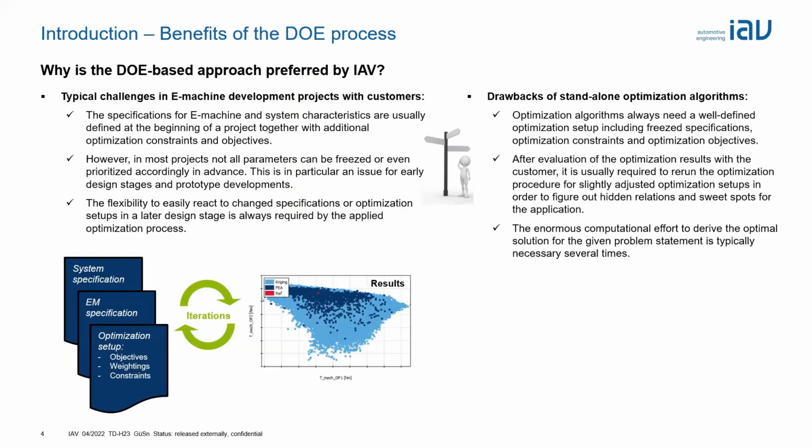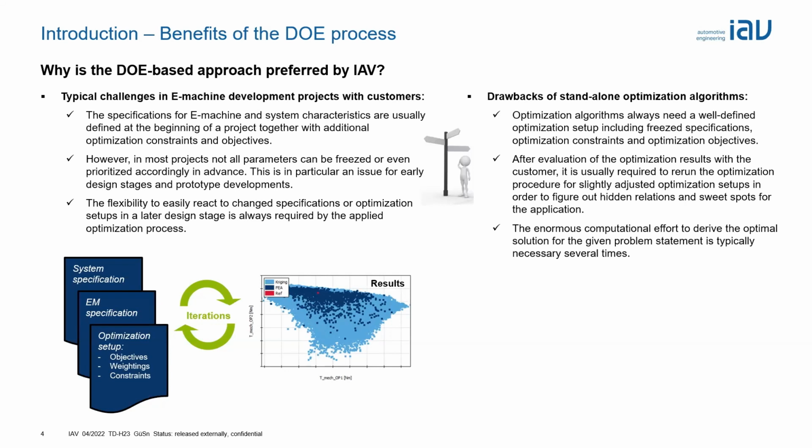When we just use standalone optimization algorithms, such as deterministic or stochastic processes, we have several drawbacks. These kinds of optimization algorithms usually need a well-defined optimization setup, including frozen specifications, constraints, and objectives.